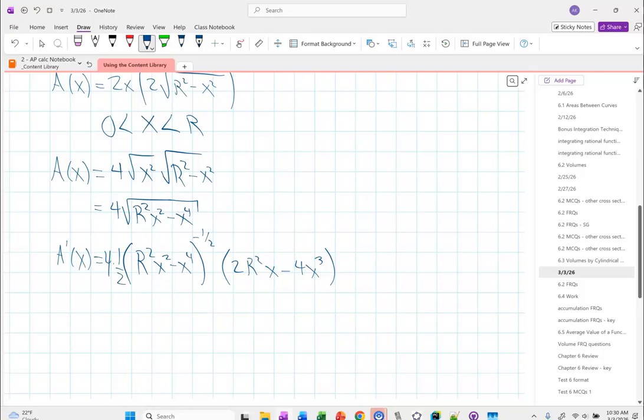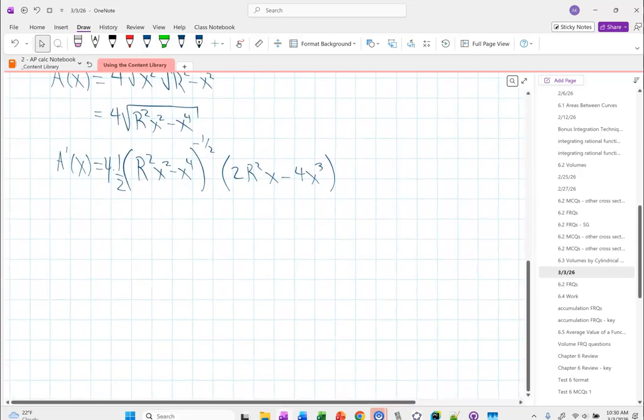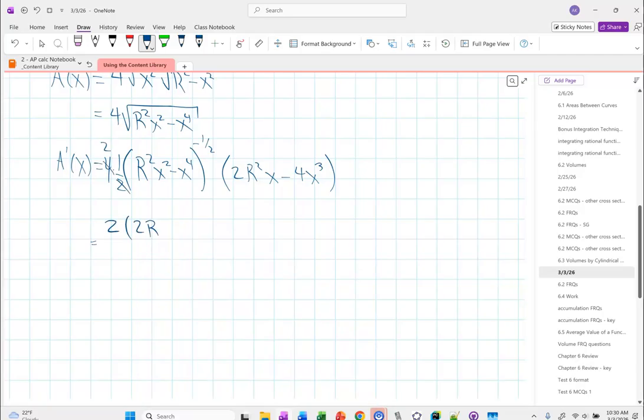Everybody okay here? So let's see, I can clean this up a little bit. Boom, boom. So I have 2, and then my numerator over square root stuff, right?